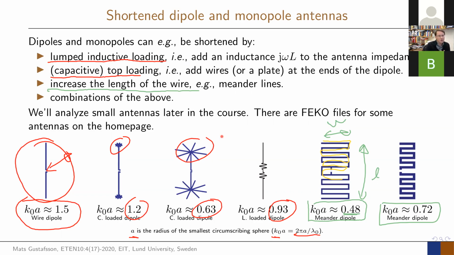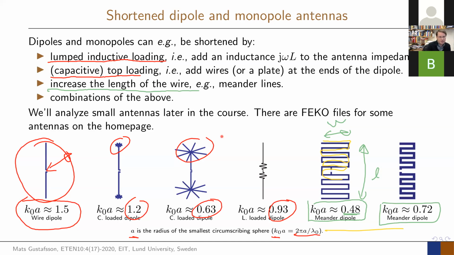It does change more the radiation resistance, because you studied it before, and we computed the radiation resistance for a short dipole, and we realized it's very low. That means that these antennas have a fairly low radiation resistance, lower than a half wavelength dipole, for example.